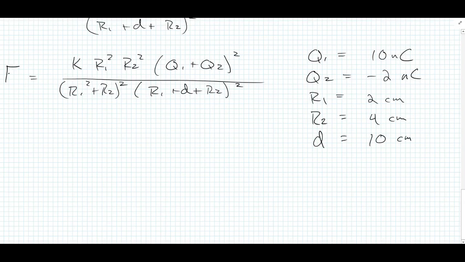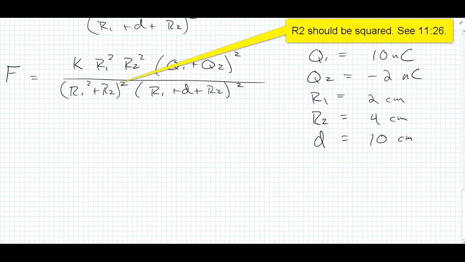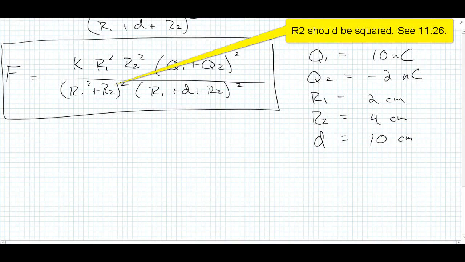So this is the magnitude of the force that is exerted on sphere 2. It's actually the magnitude of the force that's exerted on sphere 1 as well. The force exerted on the two spheres is going to be the same. And we should note that since the charge on both spheres is going to be positive in this case, whatever the charge is, we know that it's going to have the same sign. If this was negative 12 nanocoulombs, then the total charge would be negative 2 nanocoulombs, and that would be distributed over both spheres.